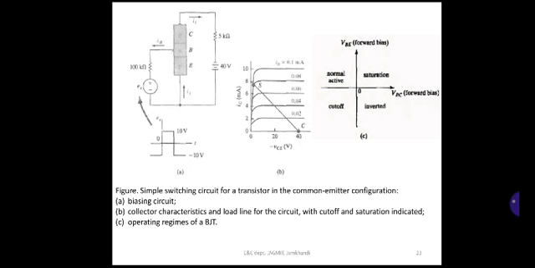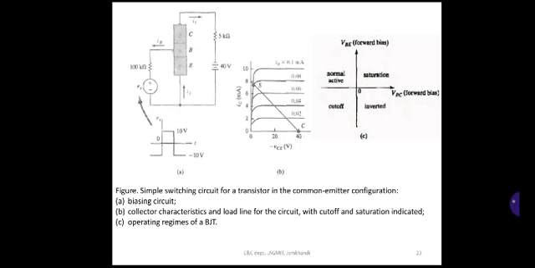If both the junctions, the emitter junction as well as the collector junction, are reverse biased, then it is called the cutoff region. In the cutoff region we get a very high impedance state of the BJT.